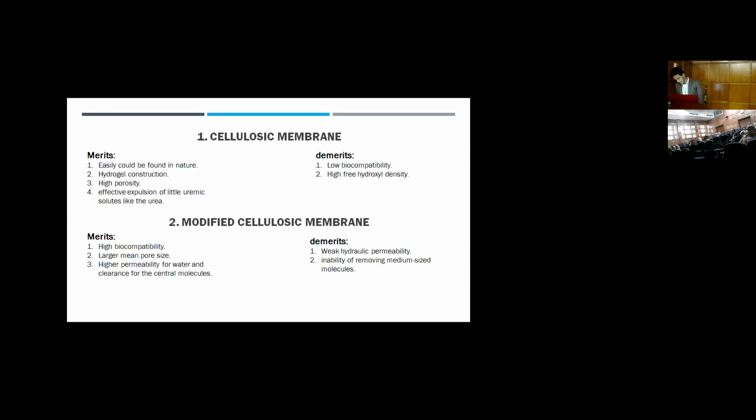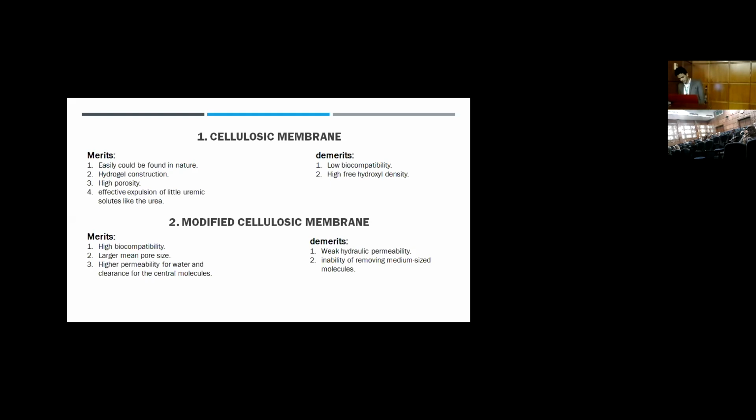Later on, scientists created the synthetic membranes, and this membrane outperforms the cellulosic membranes in many things like biocompatibility and filtration capability, but it's still not the perfect and ideal membrane because many of the hemodialysis patients who were treated with this membrane experienced oxidative stress and low blood pressure.